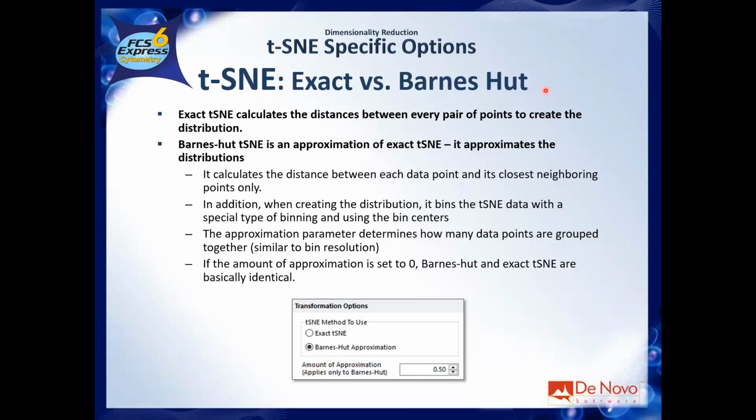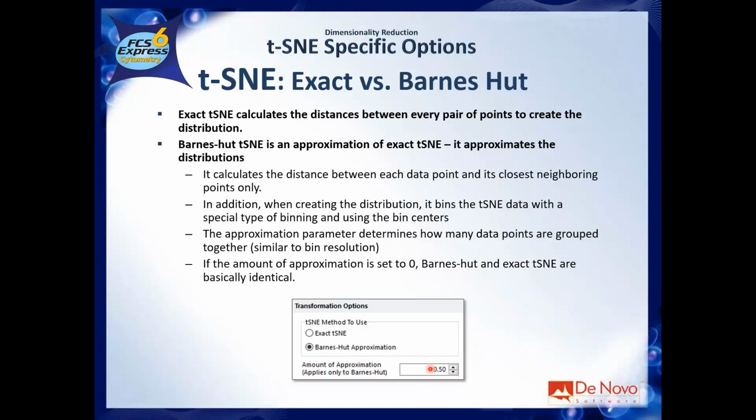The Barnes-Hut approximation is of course an approximation, so it's not calculating the distance between every pair of points, but just the distance between each data point and its closest neighboring points. So it's much faster. And it also has other adjustments that make it faster than the exact tSNE. You can balance the amount of approximation using this value here.